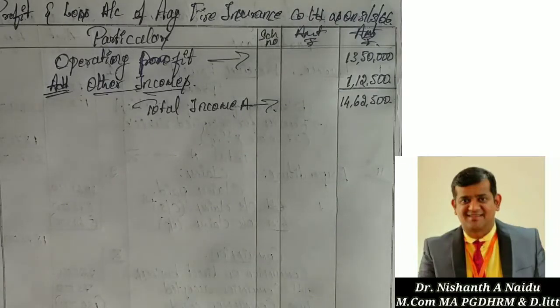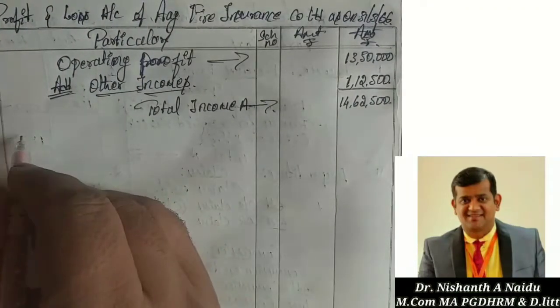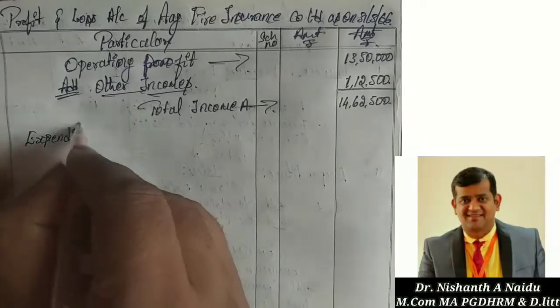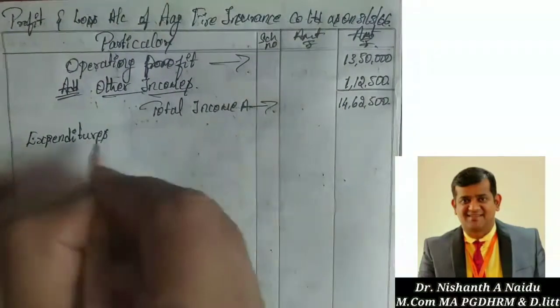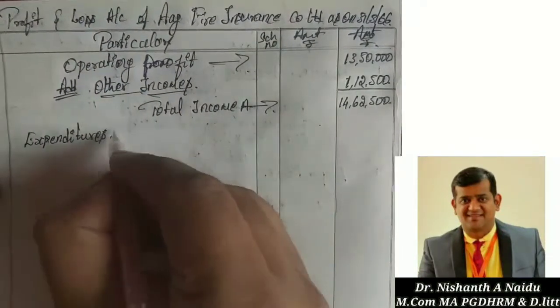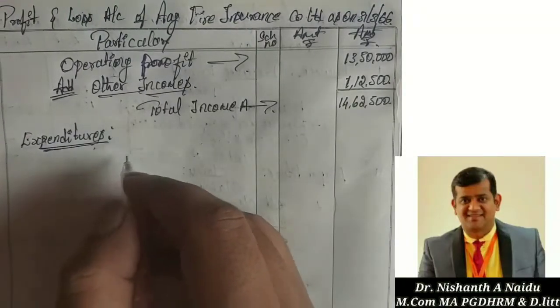So next we have to take all the expenditures. Okay, so let us take expenditures. Under that, I am going to take the first item one by one.